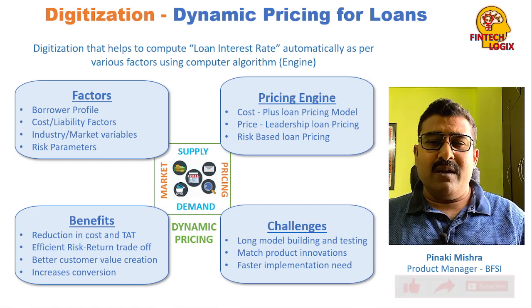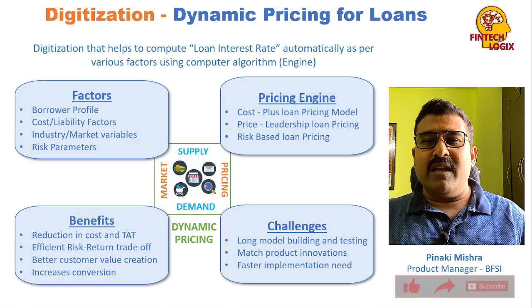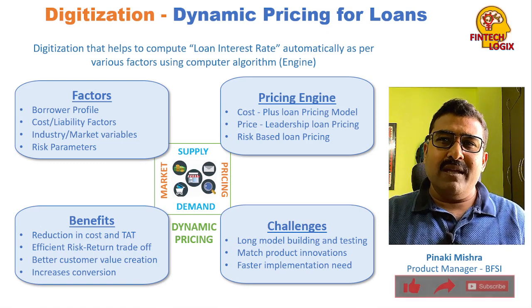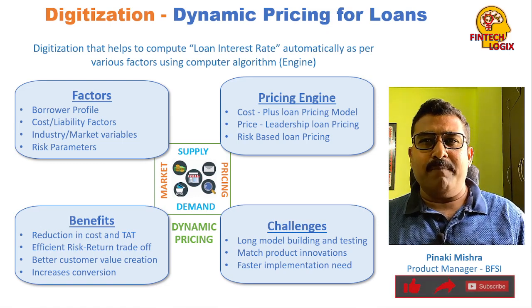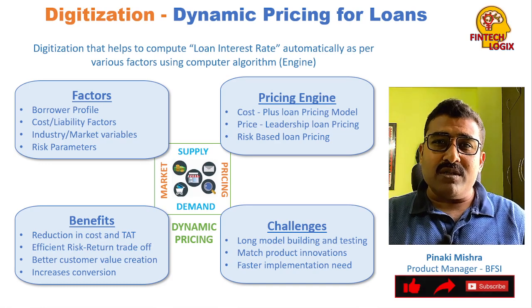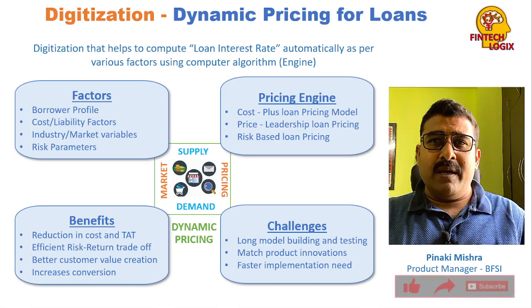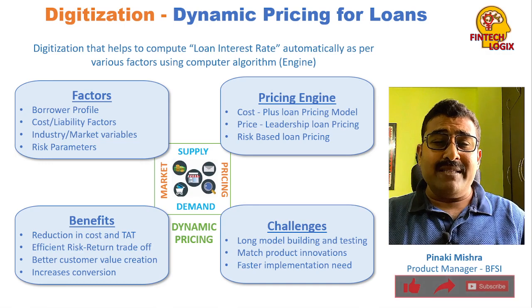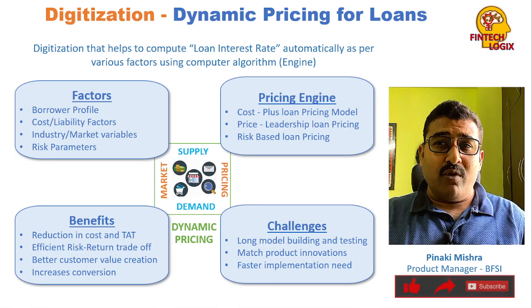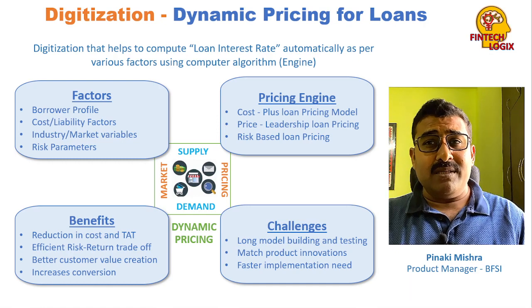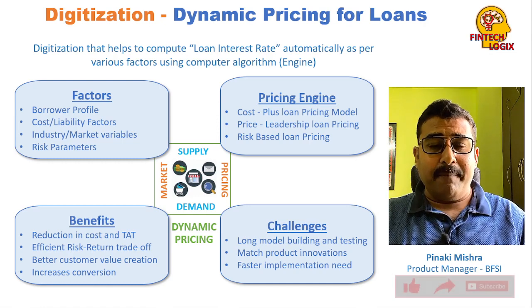There are now loans specifically to meet every purpose and the payment capacity of the borrowers. So a lot of product innovation is happening, but that also needs our pricing engine to be able to match that innovation speed, and that becomes a challenge at certain points of time.